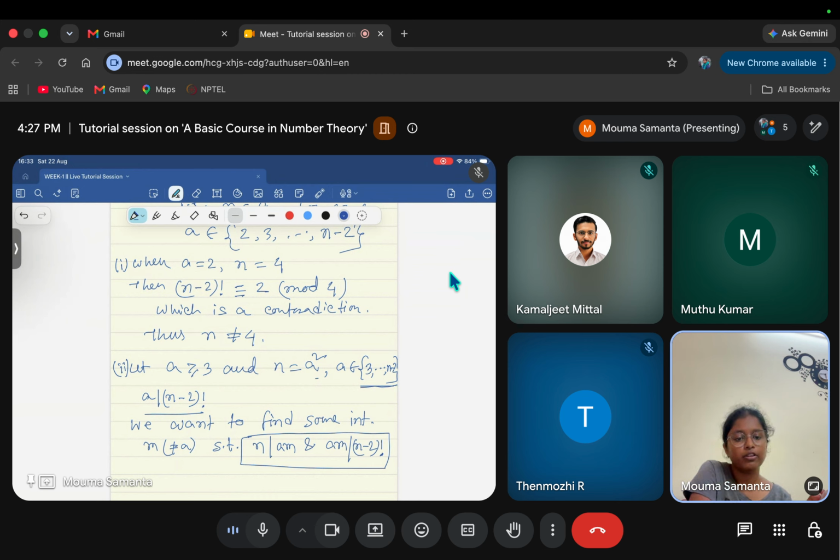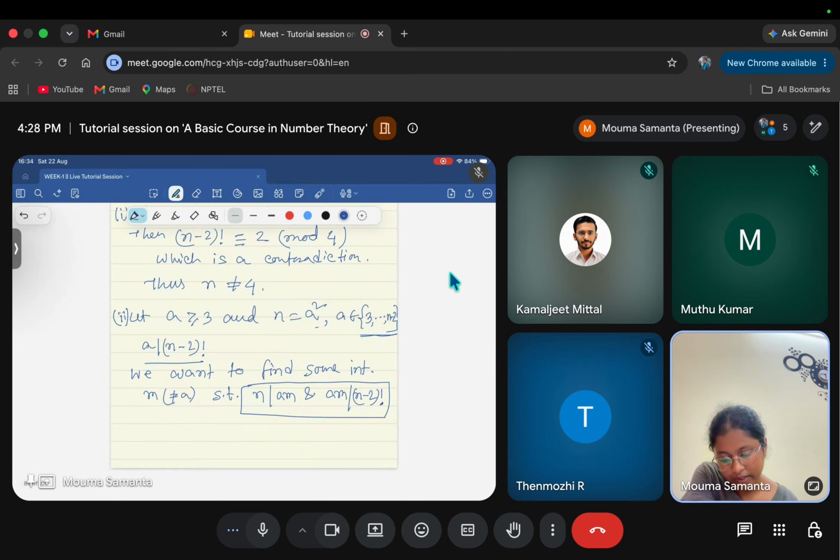So the integer you have said is n minus 2, but if you multiply n minus 2 with a, can you conclude anyhow that n is dividing n minus 2 factorial? You may show that, but that will be much more complicated.